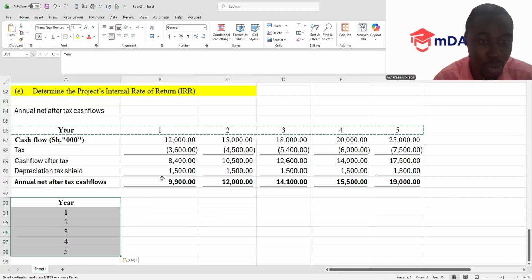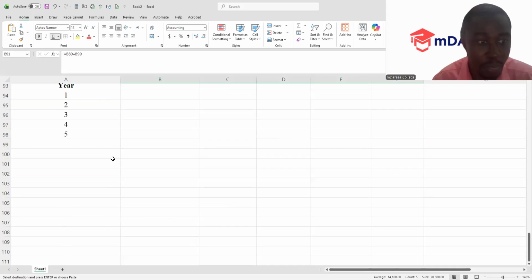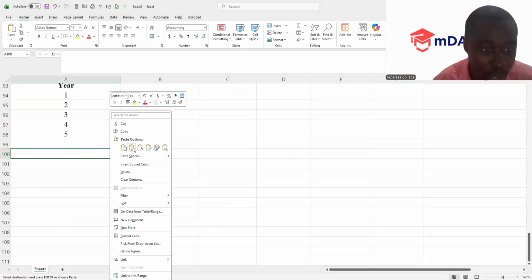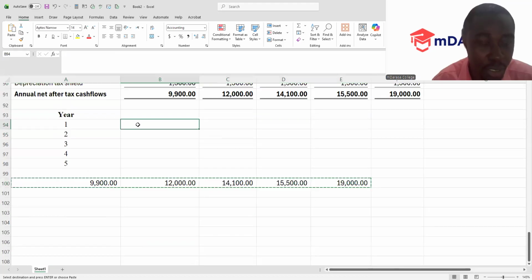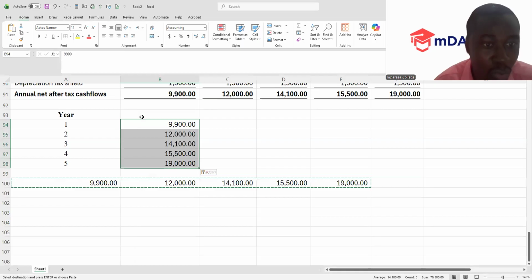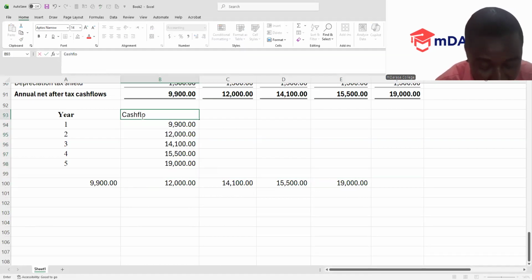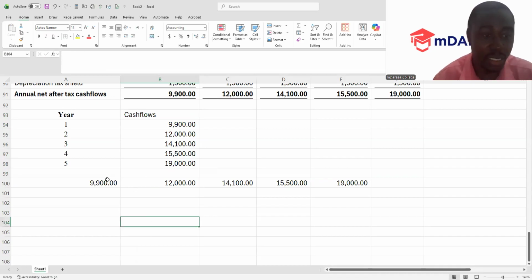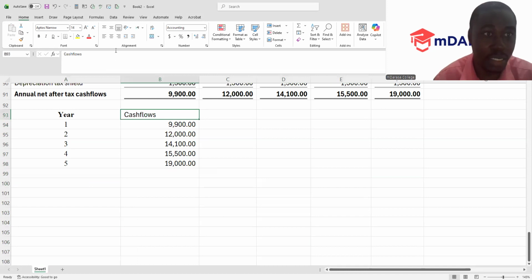Once we determine this, we can easily copy and transpose. We have our cash flows that we have determined. We copy values and paste, transposing in this case. These are simply our annual net after tax cash flows here.